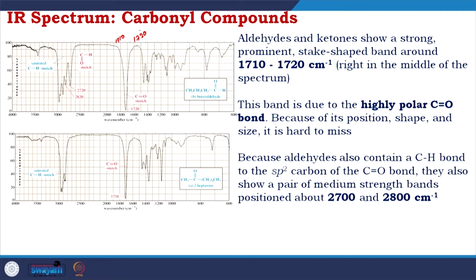Because aldehydes also contain a CH bond to the sp2 carbon of the carbonyl bond, they also show a pair of medium strength bands positioned about 2700 and 2800. So, when you are considering this, 1720 is mostly picked for aldehyde and 1718 for ketone, and the aldehyde also has a CH bond on the sp2 carbon. So, if you see here, 2720 and 2820, 2700 to 2800.